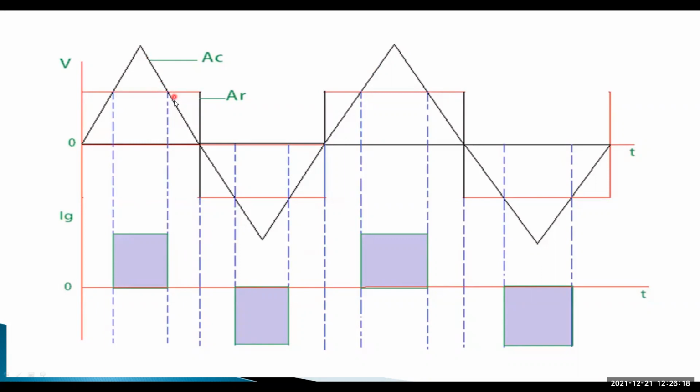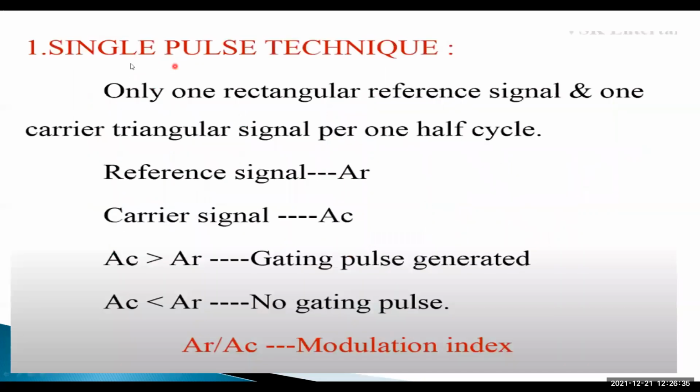Here this is the reference signal AR, and this is AC. When the carrier signal is more than the reference signal, the gate pulse is generated. So by using the single pulse technique, we generate gate pulses. This is one of the concepts.